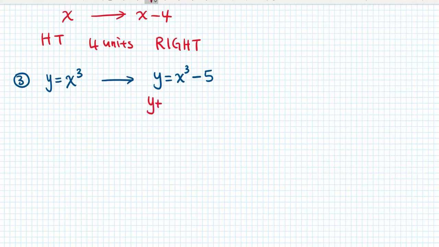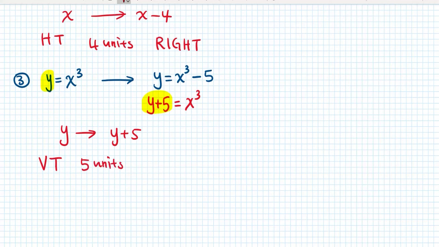Then we know that it will be y plus 5 is x cubed. So this changed to that. So y is changed to y plus 5. So it is vertical translation, 5 units. So it is added, so that means we're going down.